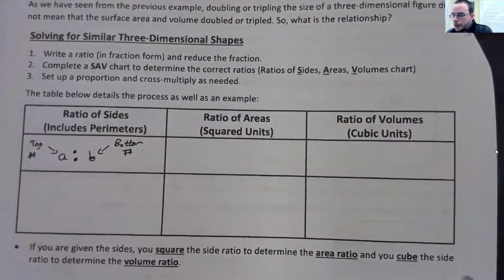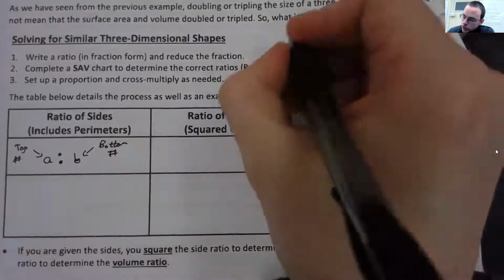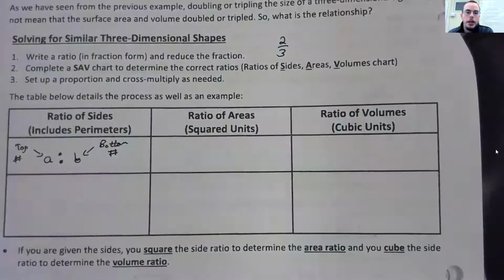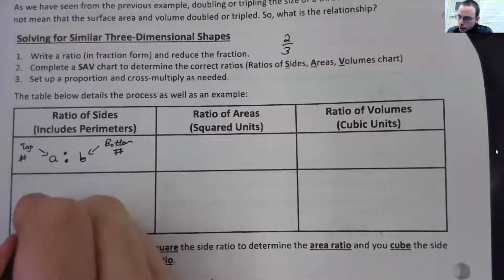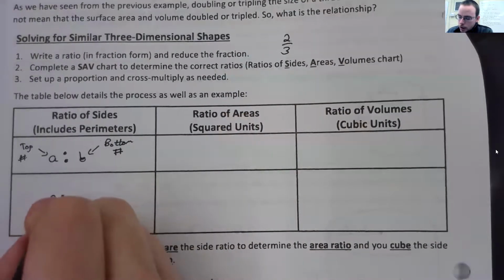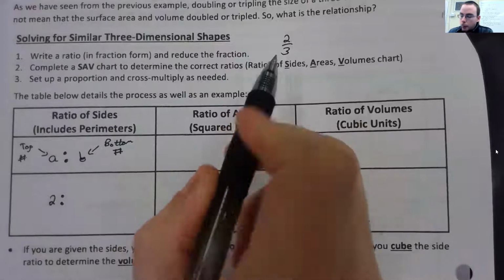Okay. So for instance, if you had a scale factor of 2/3, what would be your ratio of the sides? Well, the ratio of the sides, you take your top number, 2, and then colon, and then 3.